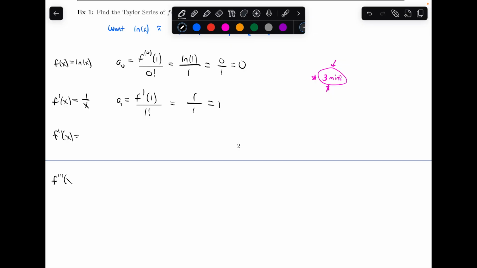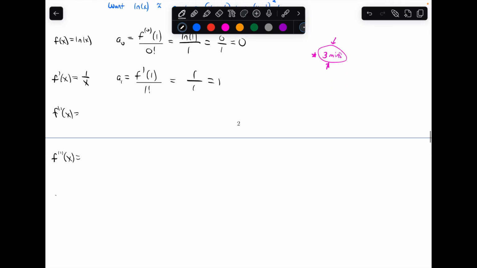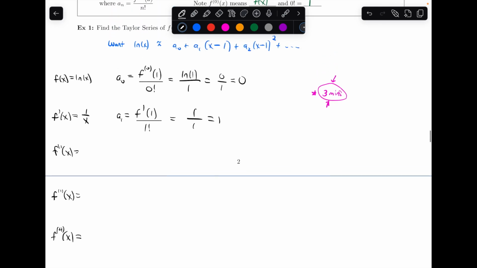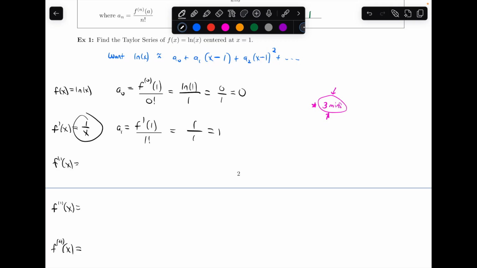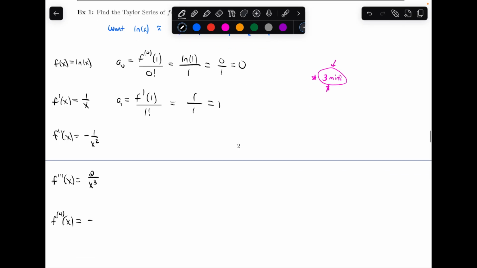Okay, so hopefully you did that. Hopefully you tried to get those next 3 coefficients. I'm just getting myself ready because now I need to do the second derivative, which ends up being negative 1 over x squared. The third derivative is 2 over x cubed. And the fourth derivative is negative 6 over x to the 4th.